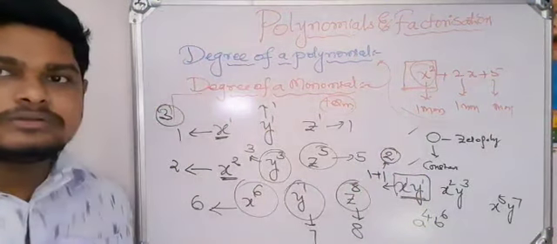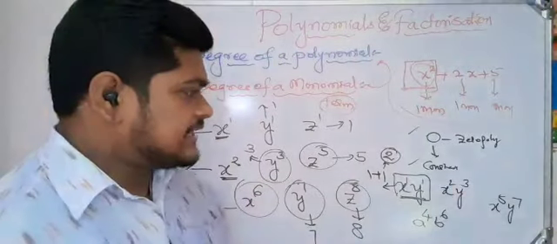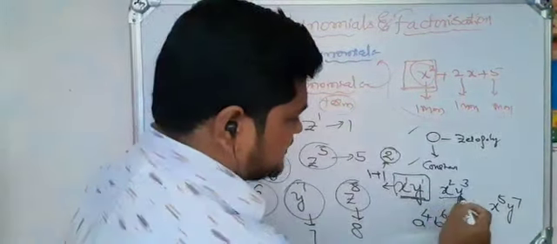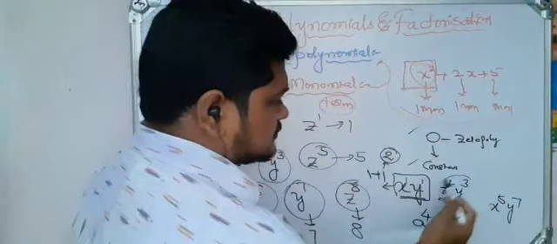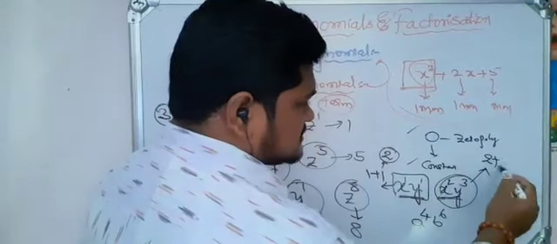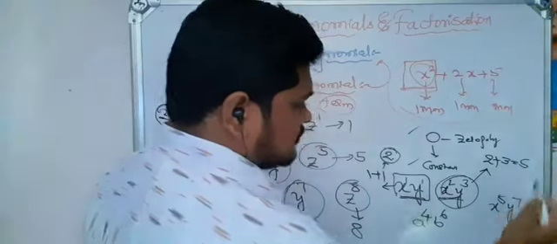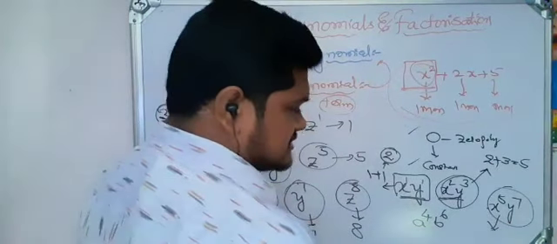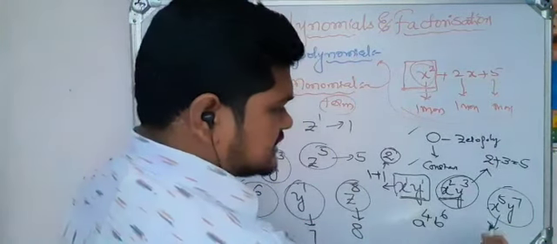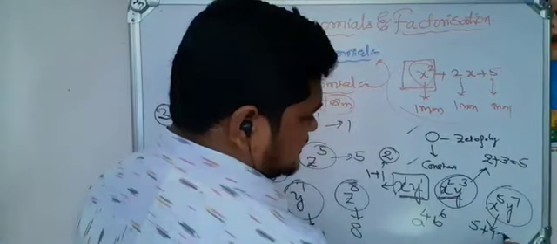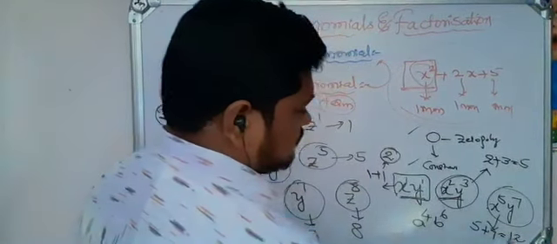Now next, x square into y cube is there. Here also we have two variables, so we have to add the two powers, that is 2 plus 3. So the overall degree is equal to 5. Same like that, x power 5 into y power 7.